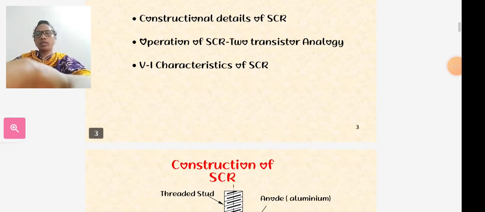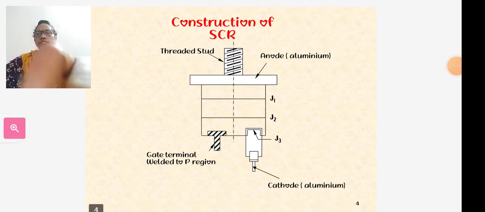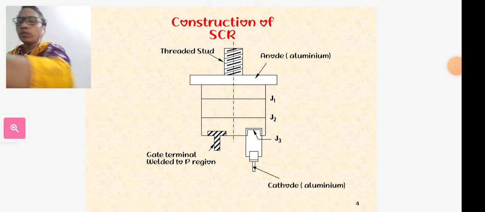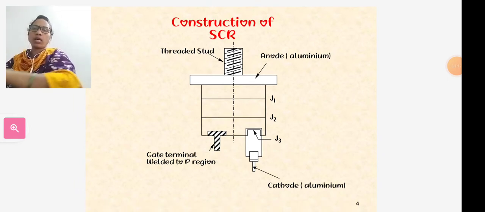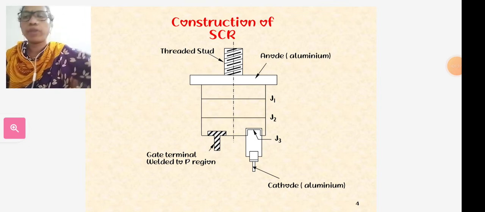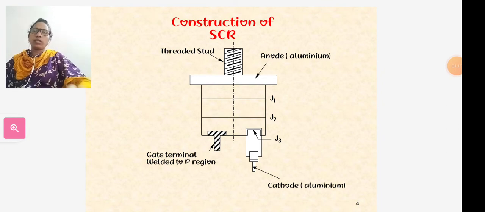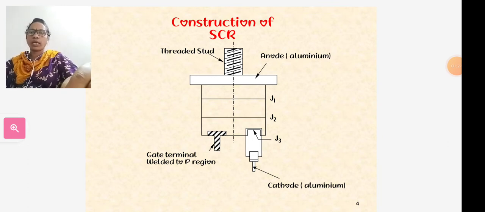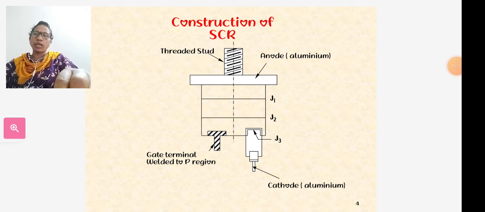Under construction of SCR, the SCR, the silicon controlled rectifier, is the heart of the power electronics subject. This is the diagram of SCR. It has 4 layers, PNPN, and 3 junctions.